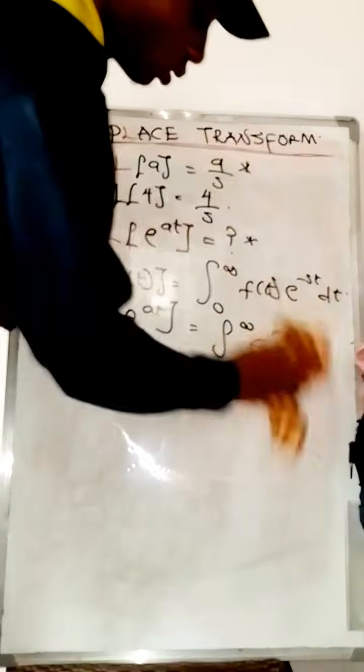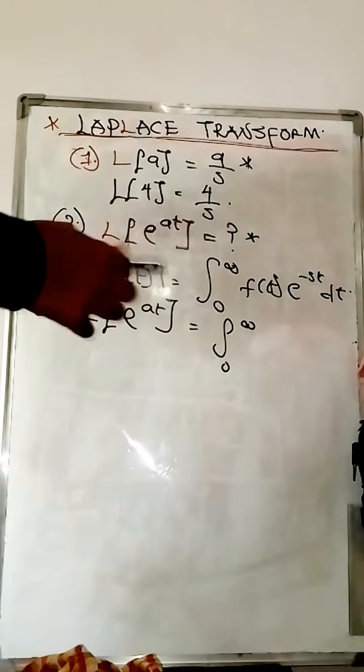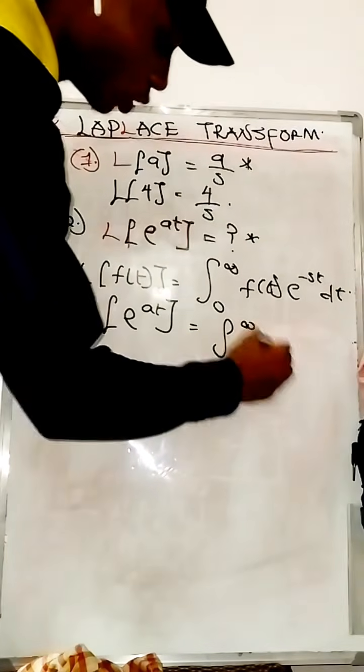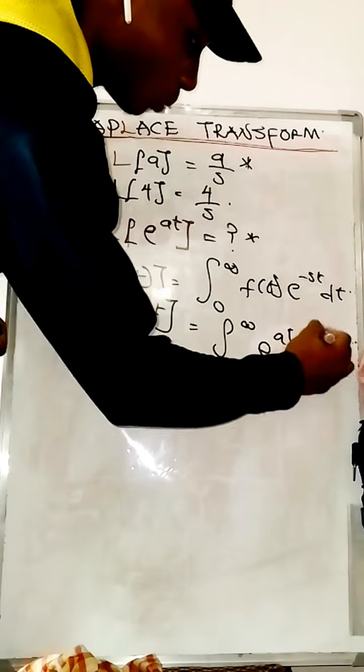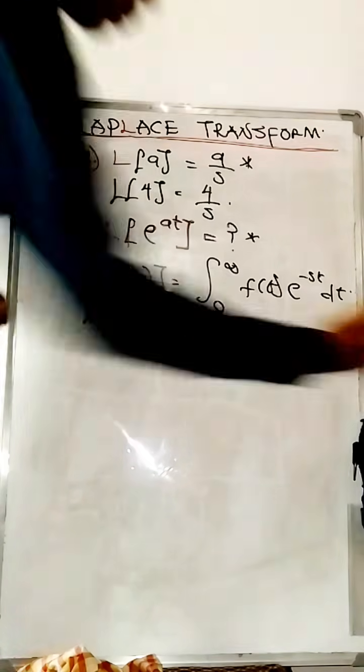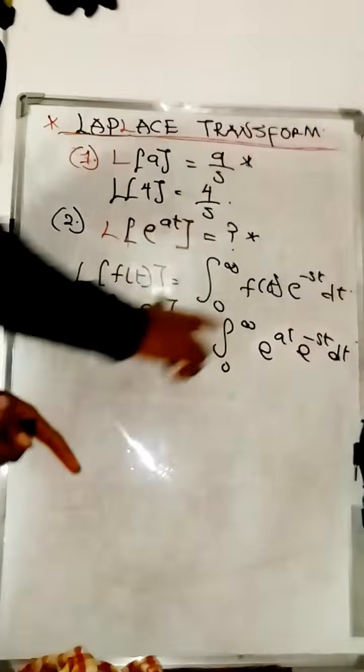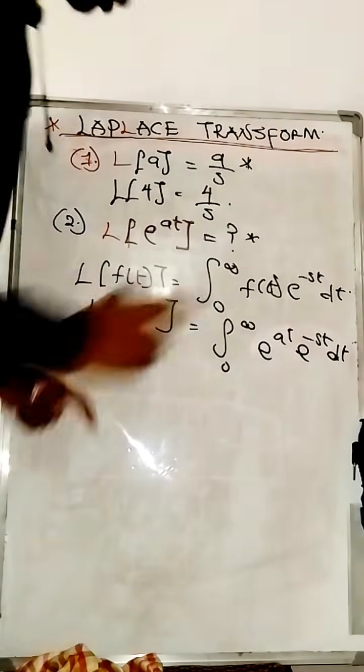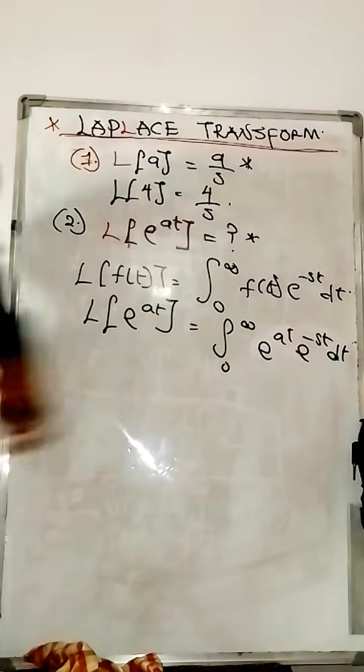Sorry, let me write it in black pen. So this is basically the exponential of at times the exponential of minus st. I replaced the function of t with the exponential of at. Remember, we're looking for the Laplace of the exponential of at.